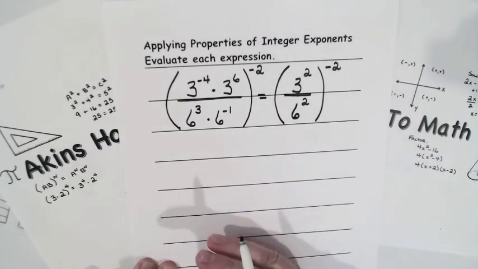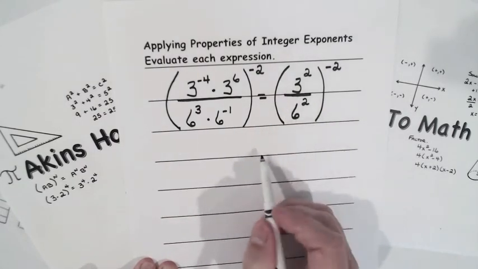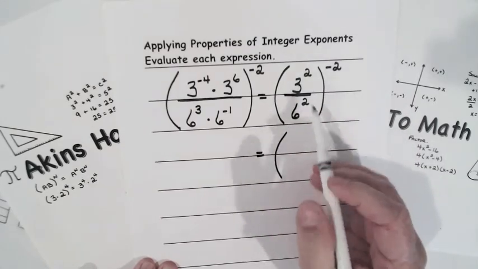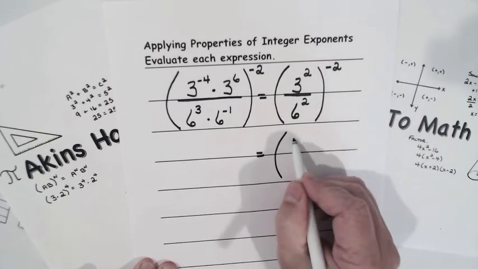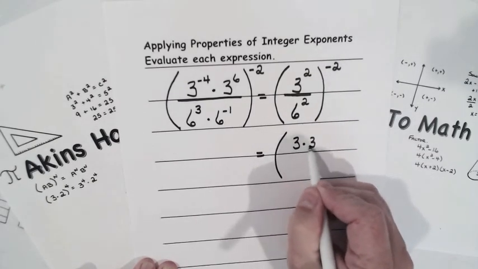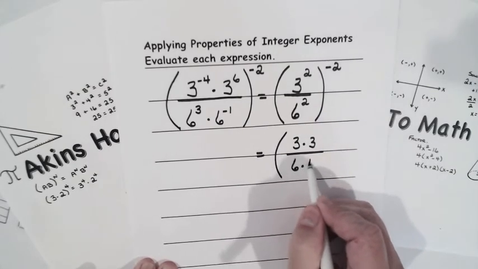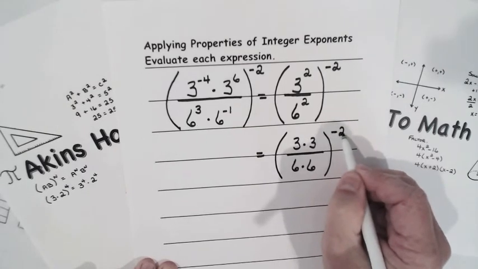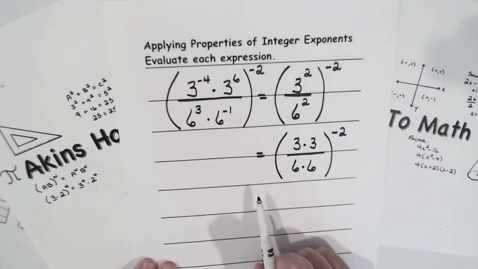I've got some choices here. I can do this many different ways. One way of doing this is to write it out, meaning take this 3 and write it out 2 times. 3 times 3. Same thing with the 6. 6 times 6. I need to reduce this and then apply this exponent on the outside out here.